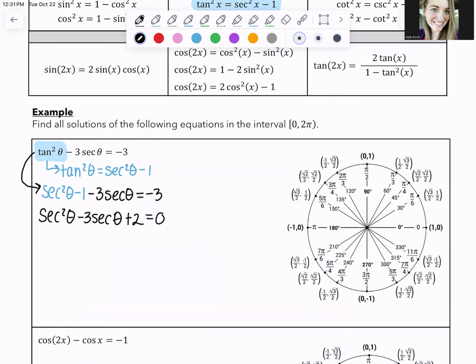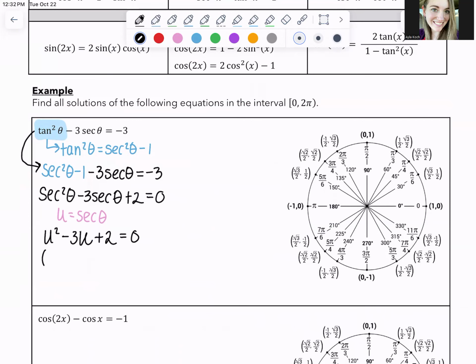This is an undercover quadratic like we covered in a previous video. If you need more information on the solving process, go back to that video. Here, I'm going to let u be secant theta. So this becomes u squared minus 3u plus 2 equal to 0.